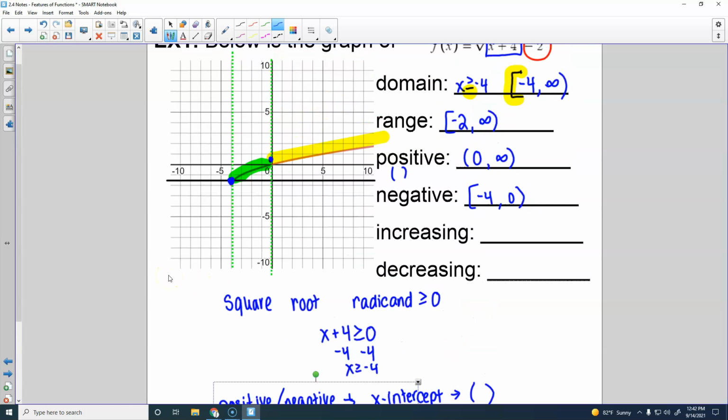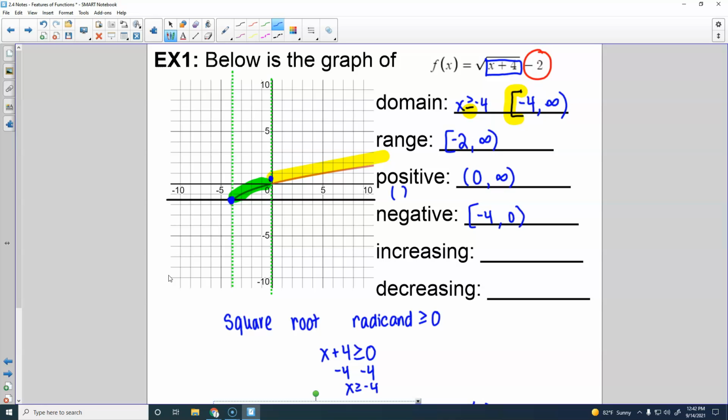Questions? All right. Square roots are either always increasing or always decreasing. This one, which one is it? Increasing or decreasing? Increasing. So decreasing is going to be none. We'll just mark that out. So it's going to increase on its entire domain.